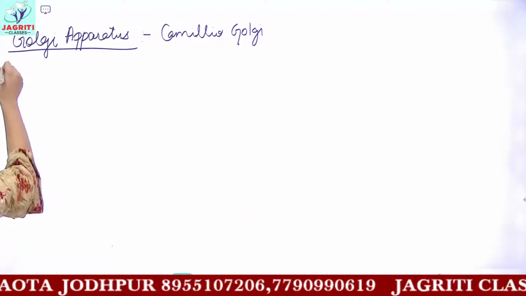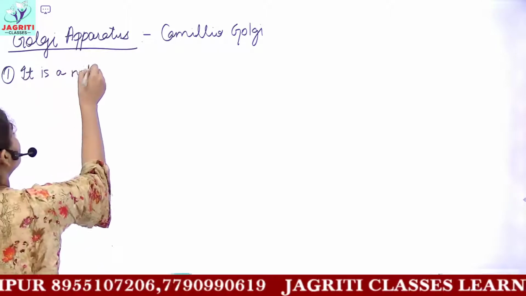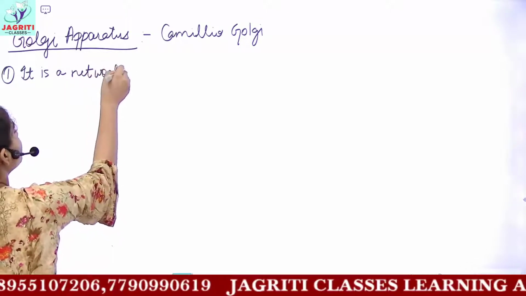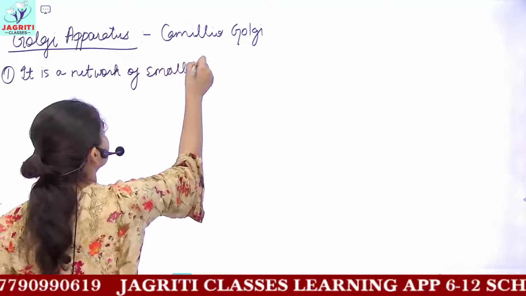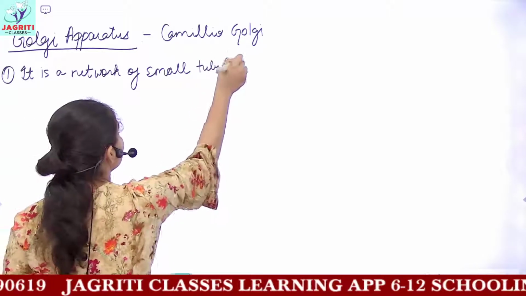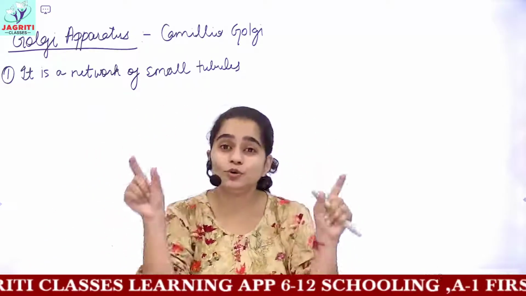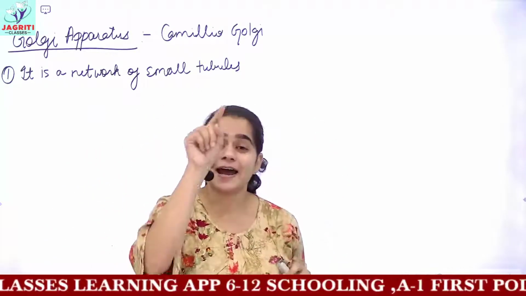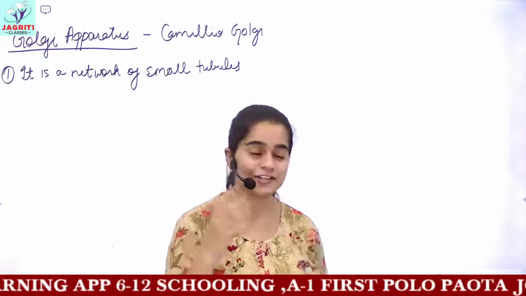So Golgi apparatus is a network of small tubules. In the endoplasmic reticulum, you had a network of tubules plus globule-like structures, the vesicle or bag-like structures.